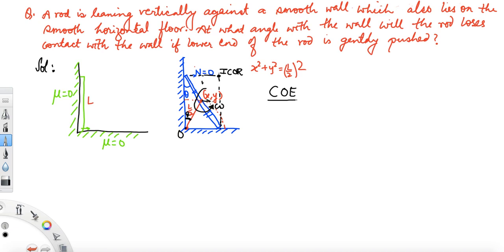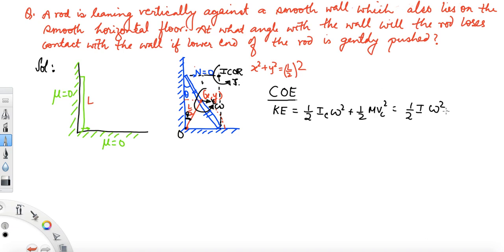Because the center of mass will have this velocity vc also. So you can write the kinetic energy of the rod is equal to half Ic omega square plus half m vc square, or directly you can write half I omega square. I'm taking I about this ICOR.